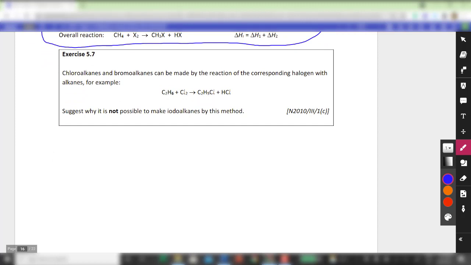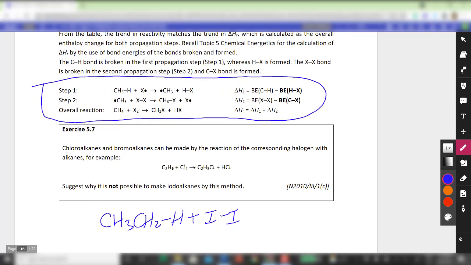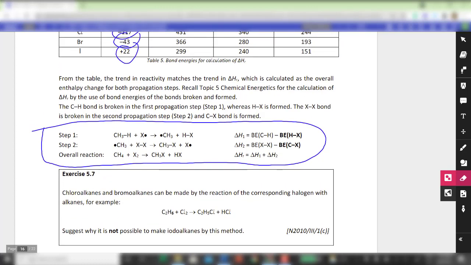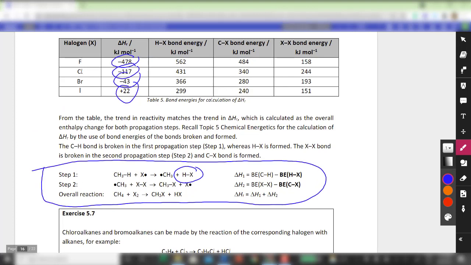So if we have CH3CH2-H plus I, maybe it's easier to look at the propagation steps here. In the first step, we are looking at the formation of HI. If you want to form HI, the amount of energy released is 299 kilojoules per mole.